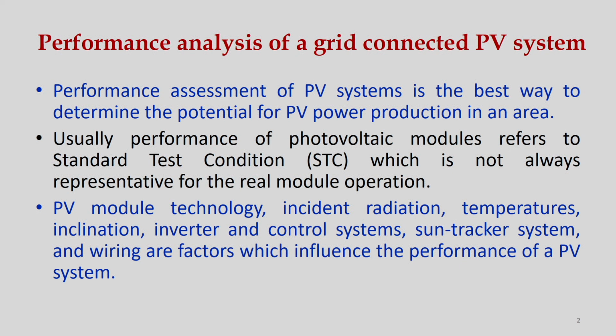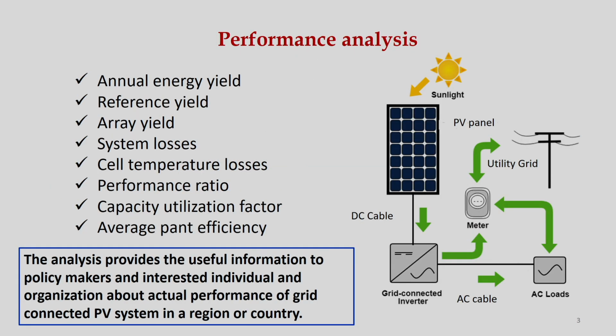So, when we call it performance analysis, what parameters does it include? Annual energy yield, reference yield, array yield, system losses, cell temperature losses, performance ratio, capacity utilization factor, average plant efficiency. These parameters we must know.